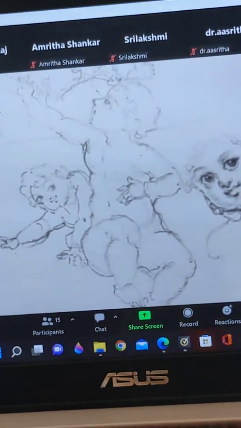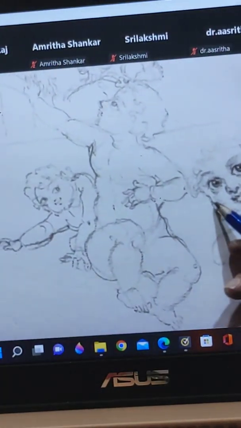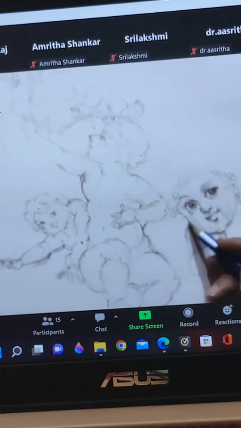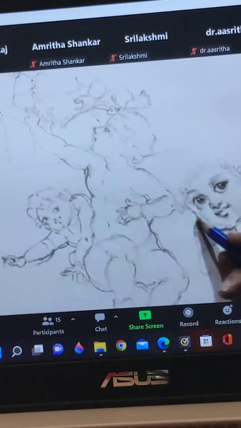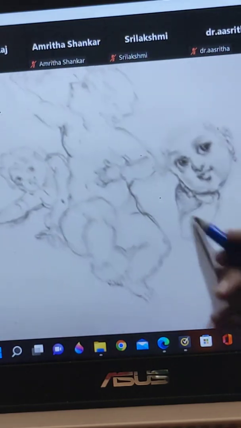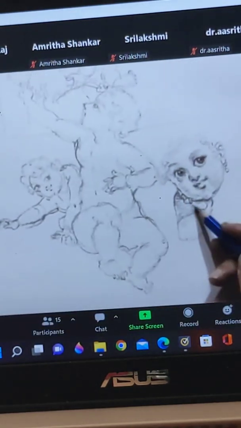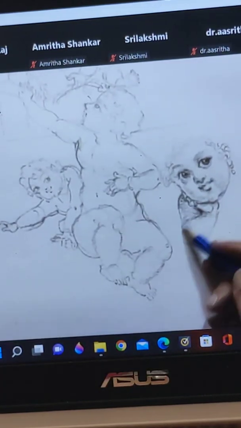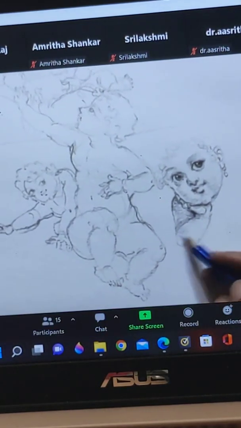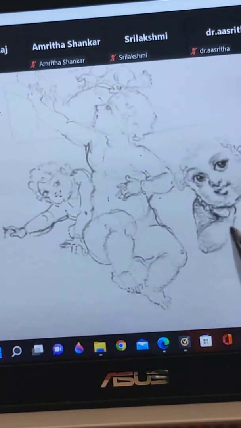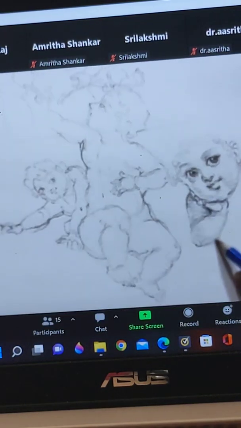Sir, the features of each child differ. How do we make out the difference? You need to observe the characteristic of each child. That is one, because like I mentioned last class, keeping aesthetics in mind is what he's going to be showing you in class. But when you have to get a person's character right, it's only through observation and practice.